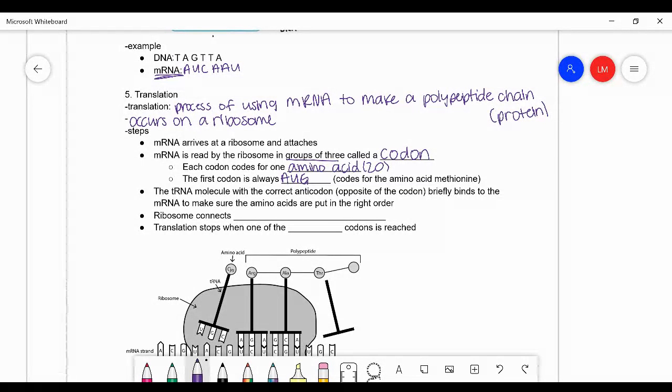Anyway, long aside. Then the tRNA molecule with the correct anticodon, which is the opposite of a codon, briefly binds to the mRNA to make sure that the amino acids are put together in the right order. I'll explain more on that when we get to the picture here. And then the ribosome connects amino acids by peptide bonds.